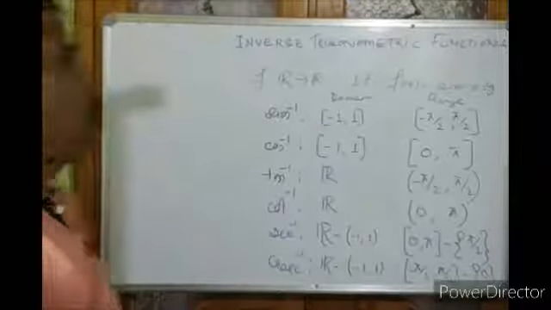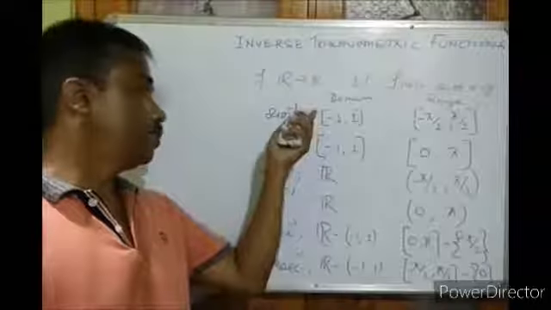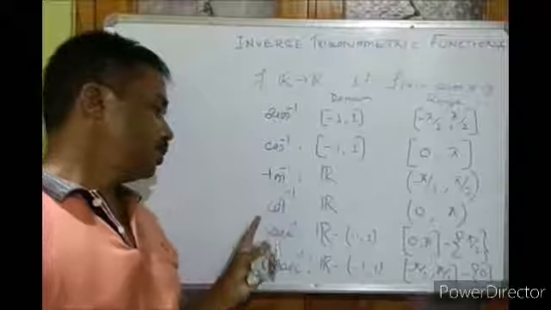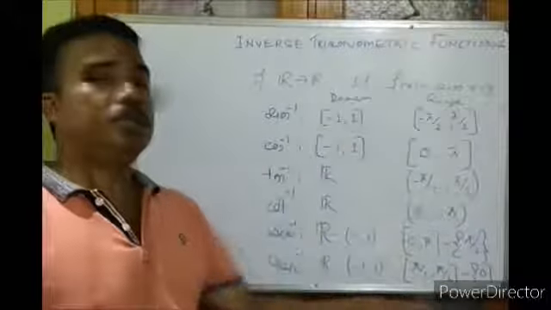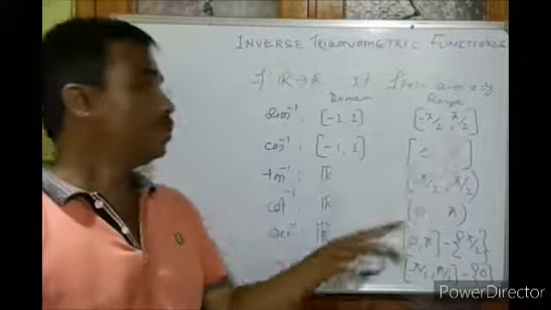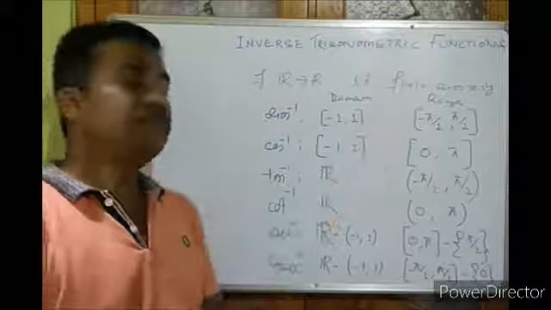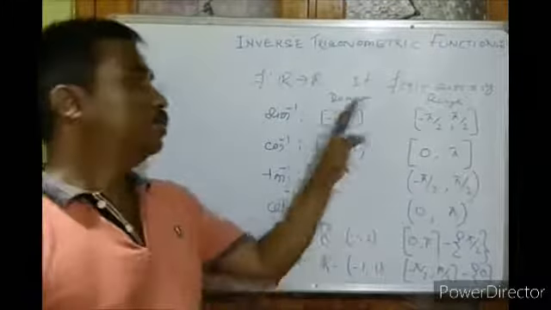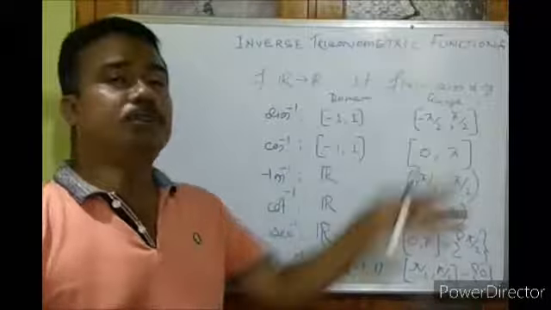So these are the domains and ranges of the six inverse trigonometric functions: sine inverse, cos inverse, tan inverse, cot inverse, sec inverse, and cosec inverse. This is their principal value branch, domain and range. You have to remember this domain and range, because if no domain and range are written in the question, then we consider this domain and range by default.